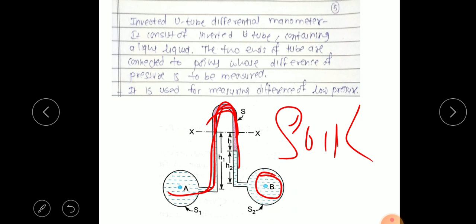differences of lower pressure. So here again we see the diagram. Again here H is the difference in the manometric fluid.